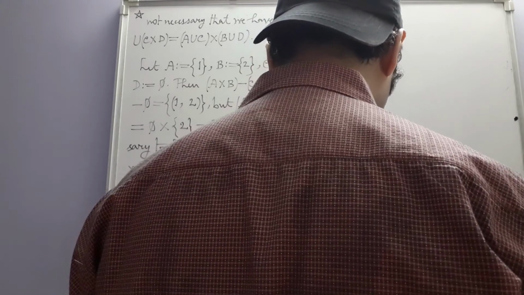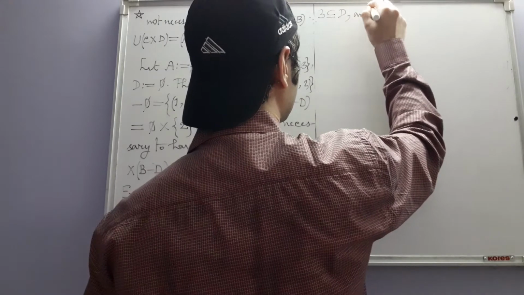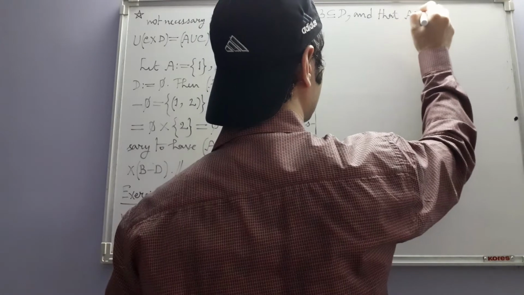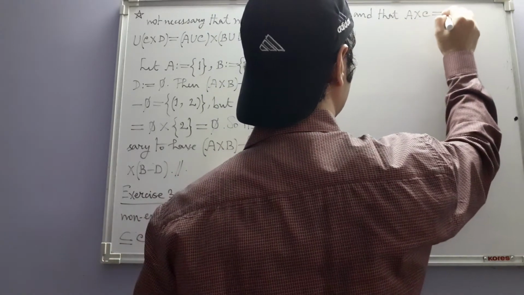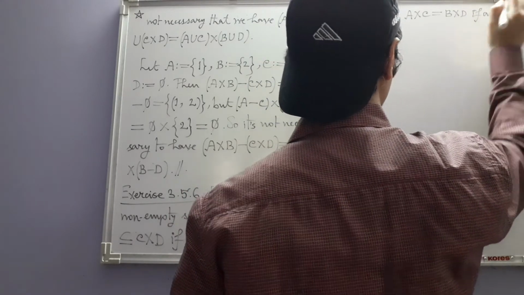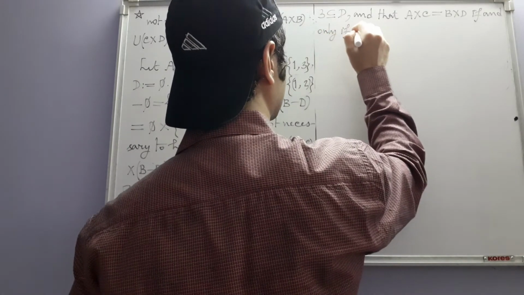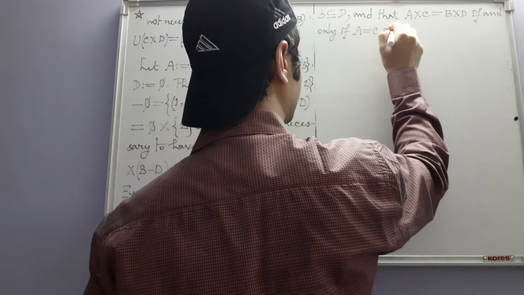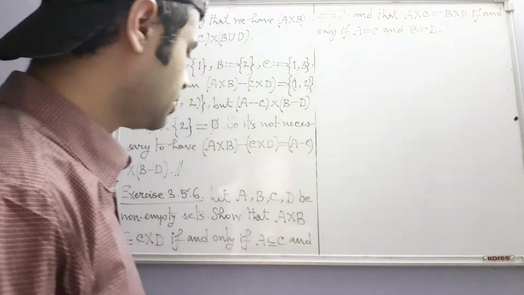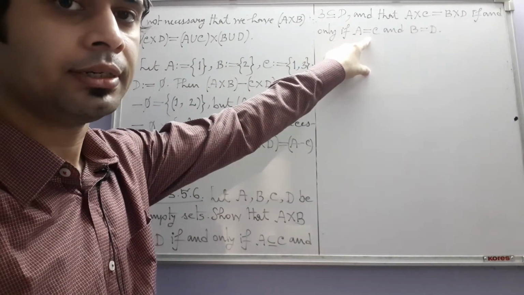But there is more, and that A cross C is equal to B cross D if and only if A is equal to C and B is equal to D. So we can improve the containment relation to the equality relation.